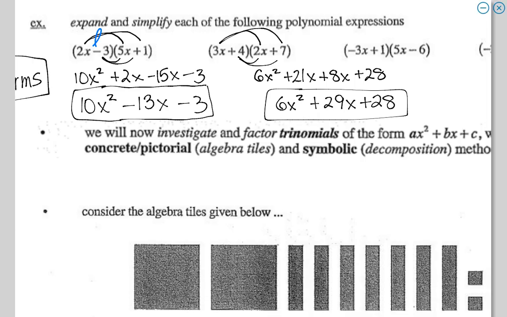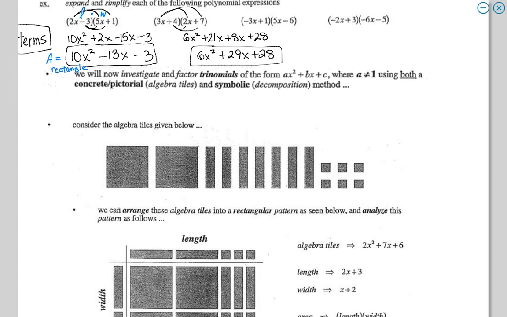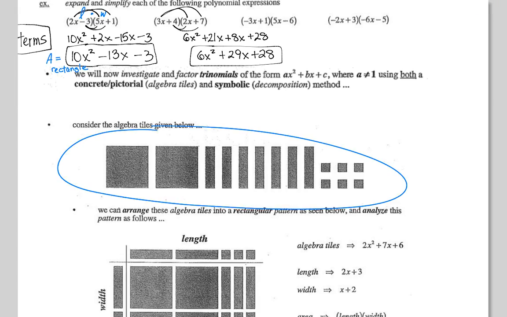This is a length, and you're multiplying by a width to give an area. Length times width, area of a rectangle. That's what you're looking for. So here's the question. How could I take all these algebra tiles and make a rectangle?